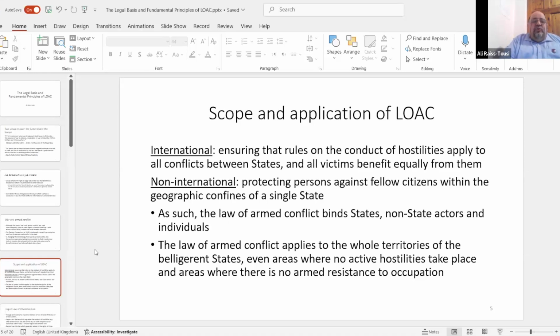They are not willing to agree and accept limitations on their sovereign powers in the same manner that they would be when it comes to international armed conflict. And it is because of this that the protections in non-international conflict are far, far weaker, unfortunately.